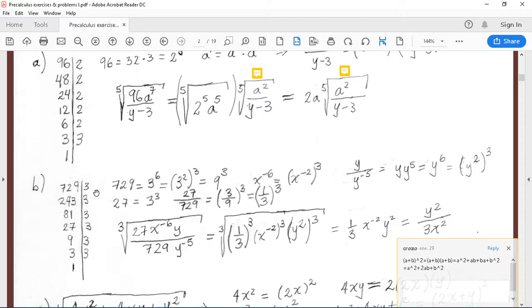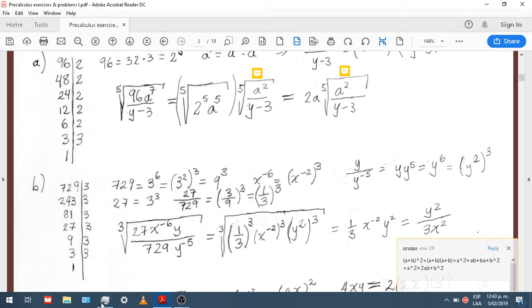Here we have again the list of factors of 729. 729 divided by 3 equals 243. 243 divided by 3 equals 81. 81 divided by 3 equals 27. 27 divided by 3 equals 9. 9 divided by 3 equals 3. 3 divided by 3 equals 1. So I have as factors of 729 six 3s.